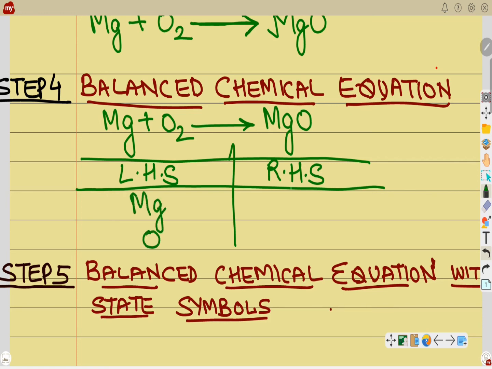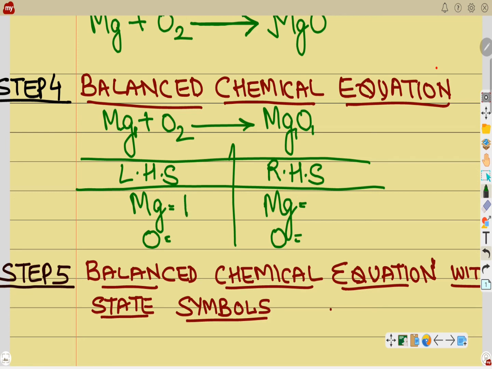Similarly, for the product side also, magnesium and oxygen. Now we will put the number of atoms in front of them. How many magnesium atoms? 1. Because if nothing is written at the subscript, you have to take it as understood to be 1. You need not write it, but it is understood. So magnesium atoms are 1.